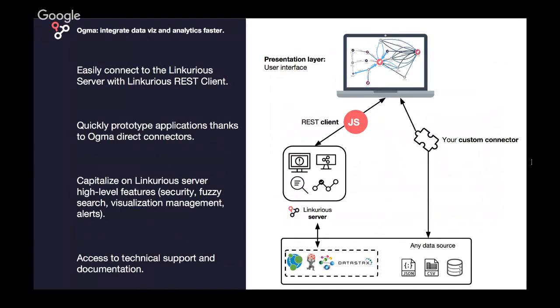Another interesting feature is the ability to develop custom connectors that are going to translate data from any data source into a list of nodes and edges that you can use in Ogma. So anything you have, either JSON format, CSV, or any database that you can think of, can actually be used as a data source for Ogma if you write the connector.